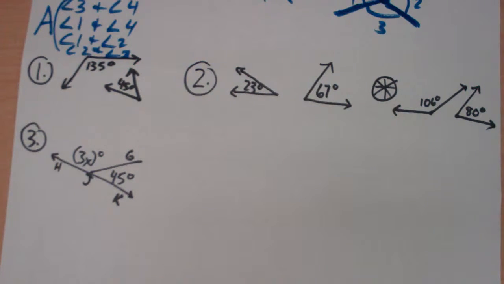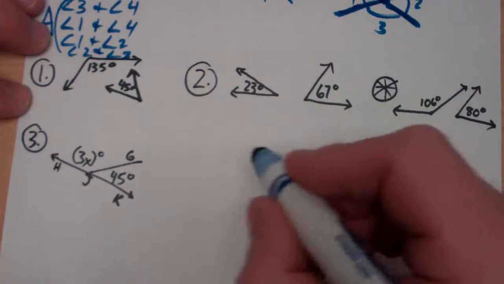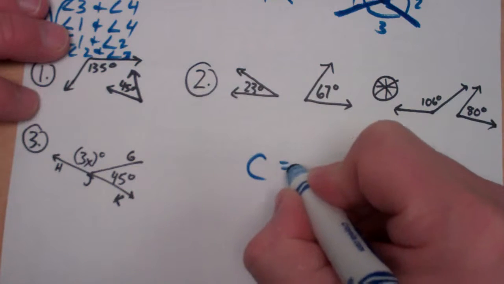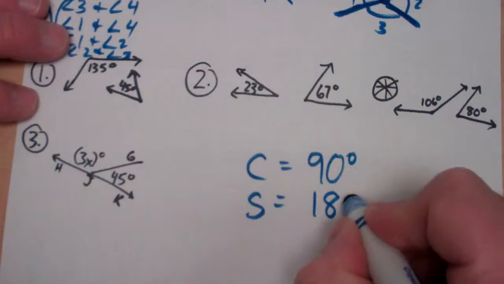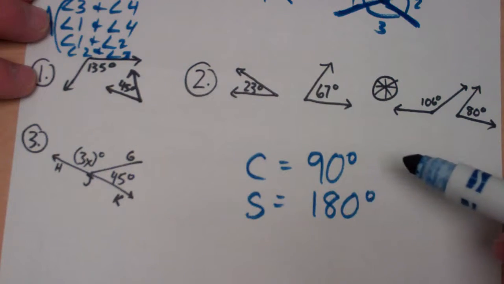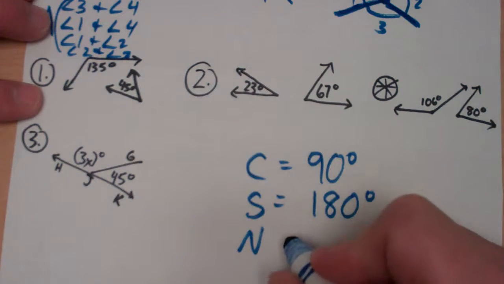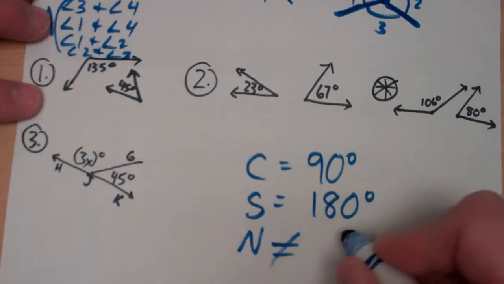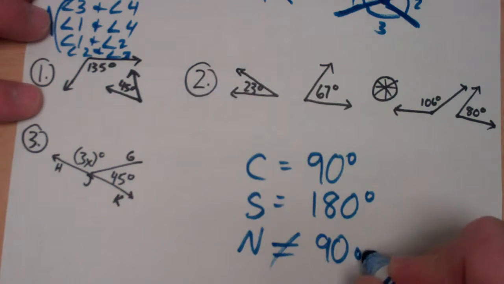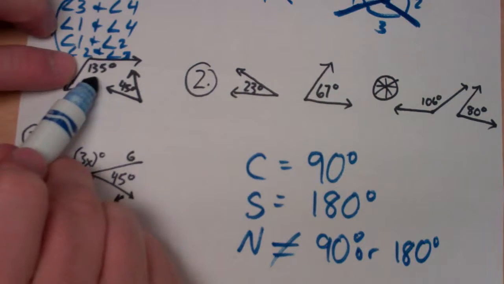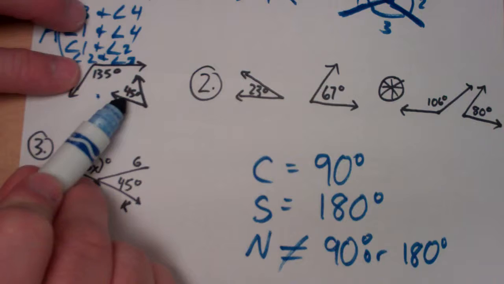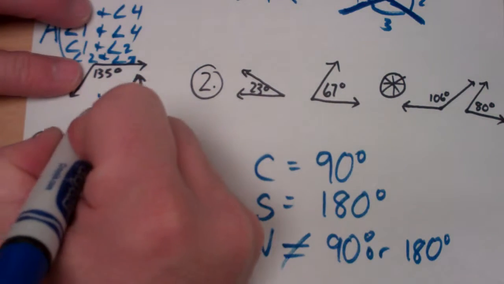On page 546, the first one says, identify each pair of angles as complementary, supplementary, or neither. Complementary means they add up to be 90 degrees. Supplementary means they add up to be 180 degrees, and if they don't add up to one of those two, then they are neither. Let me check these. 135 plus 45, if you add those together, you get 180.